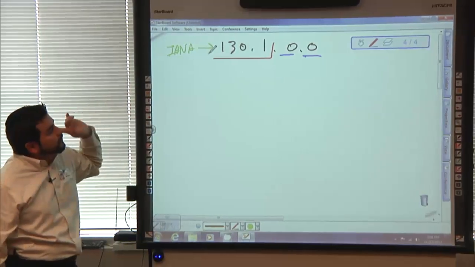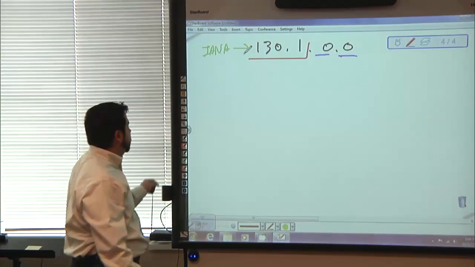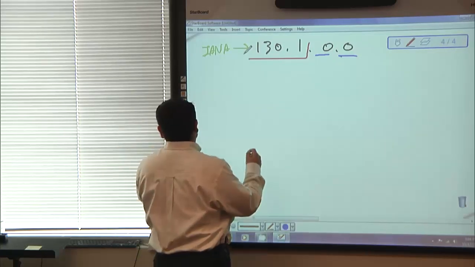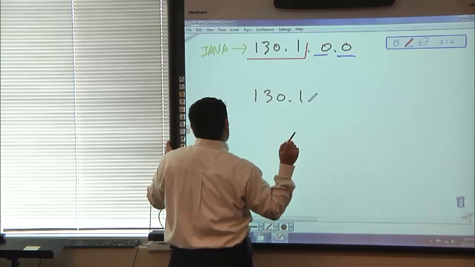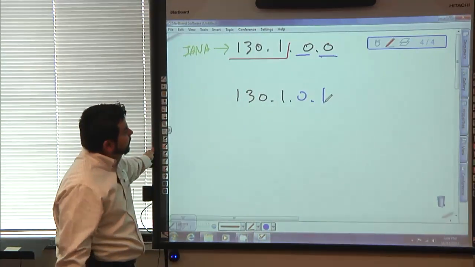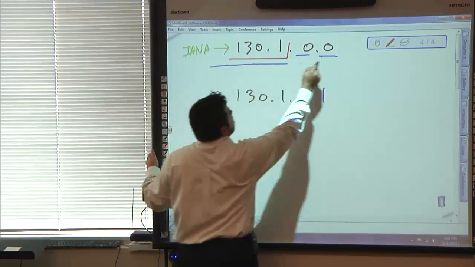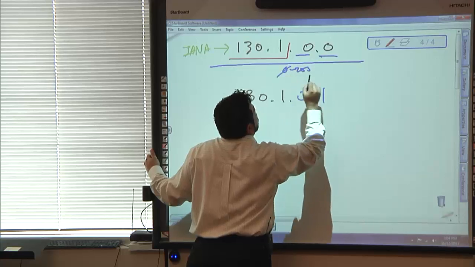The very first IP address that you can use in your network, in your home, is what? Dot 1. That's right. So you can't use the first one. So this range was 0 through 255, but 0 got knocked out.